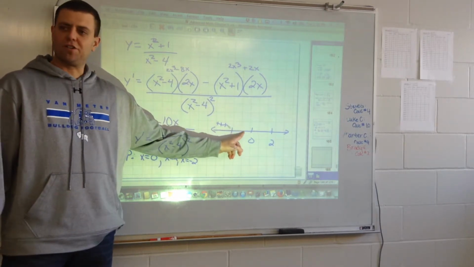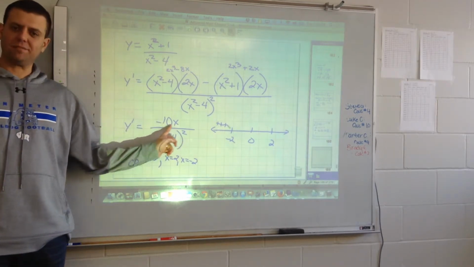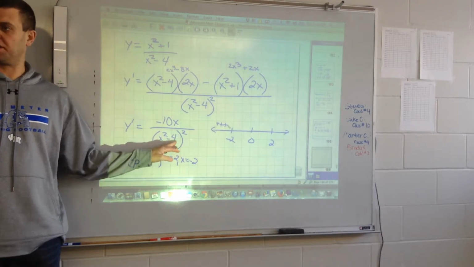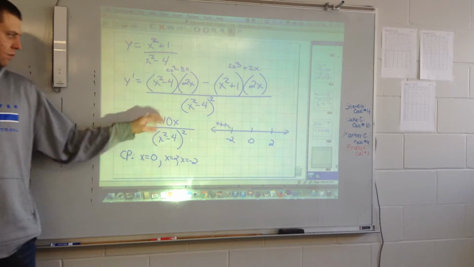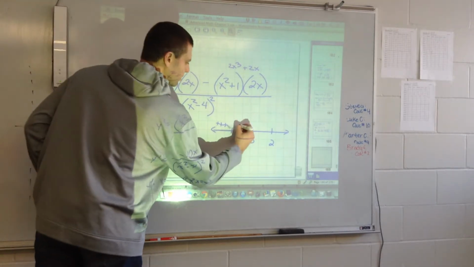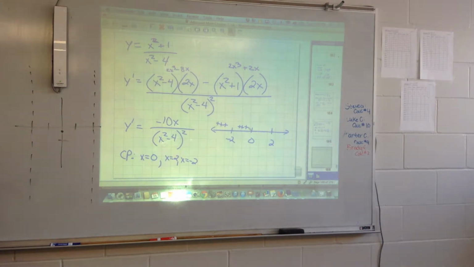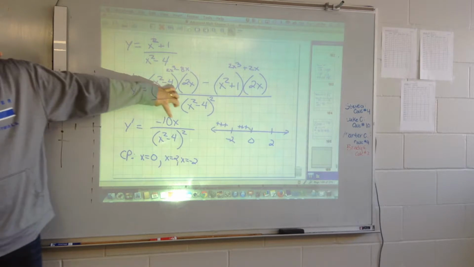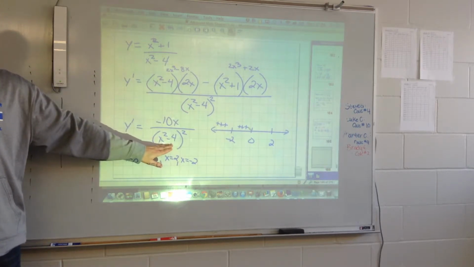I check -1. -10 times -1, that's a positive number. If I plug in a -1 here, I'm still going to get another positive because anything squared is going to be positive. So again, it'll be increasing. If I try a +1, I'll get a negative value on top with a positive value on bottom.